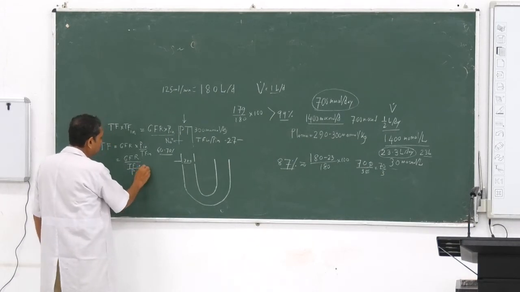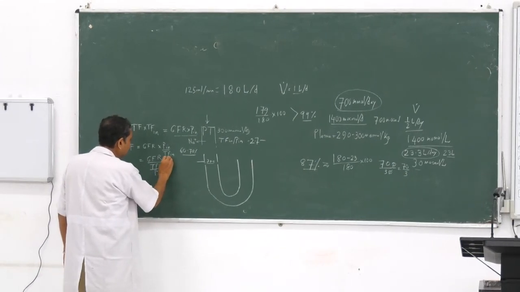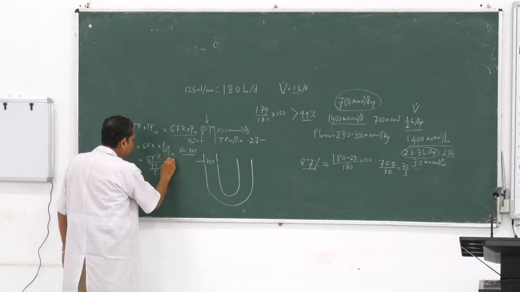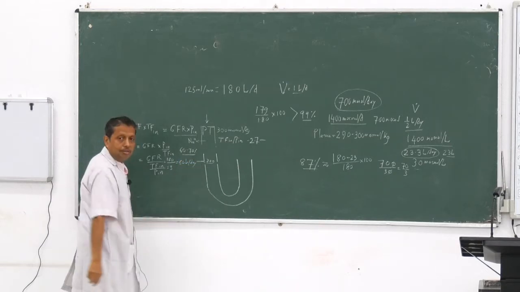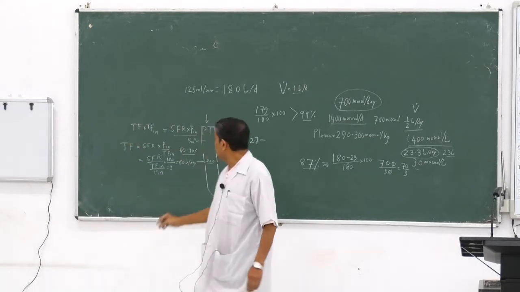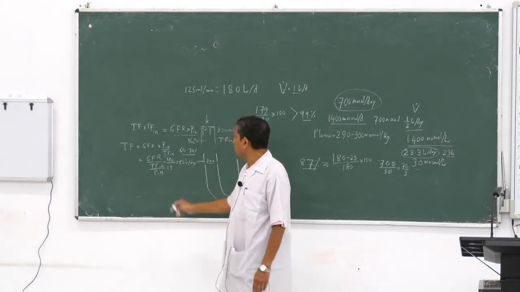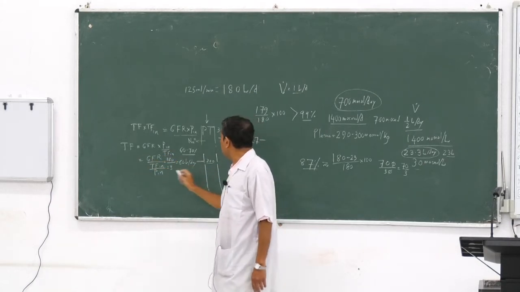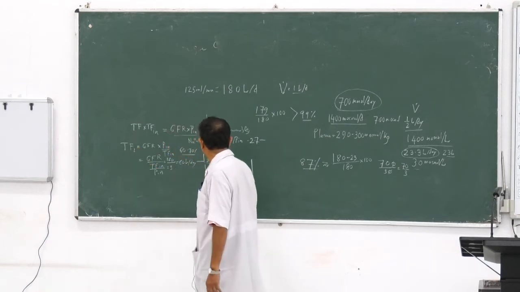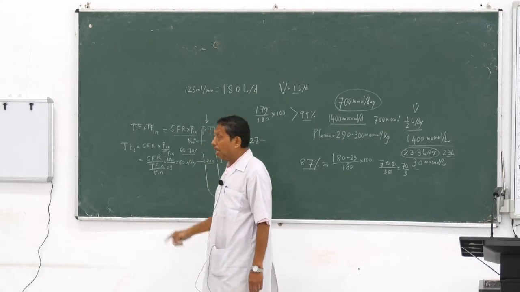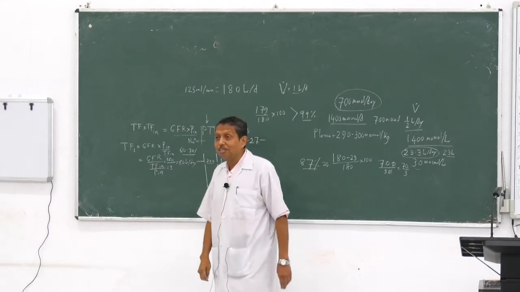If this value is 3, then it becomes 180 divided by 3. So 60 liter per day remaining. This is the tubular fluid at the end of the proximal tubule, and you get this value.